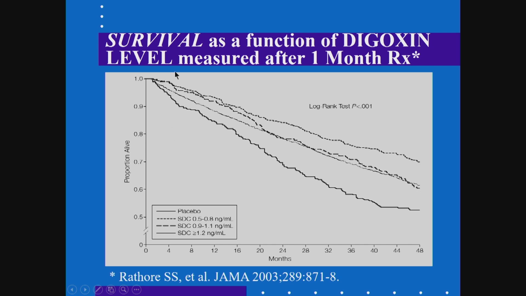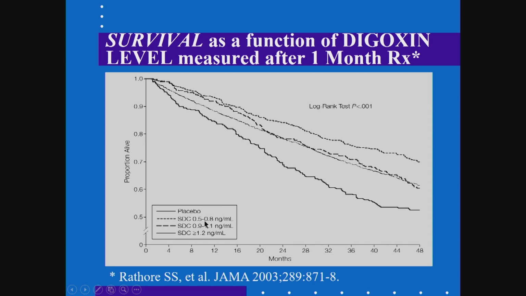Now, there was a placebo group here that you see with the continuous line. These patients were receiving treatment for congestive heart failure, but were not receiving digoxin as part of their regimen. And then patients that were receiving digoxin, but now stratified based on their digoxin levels.